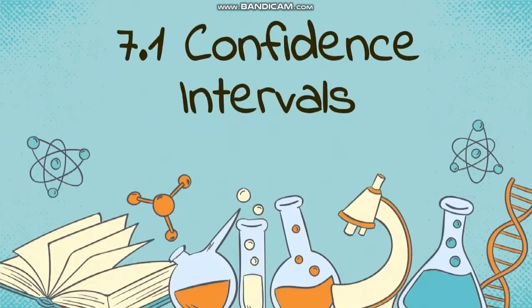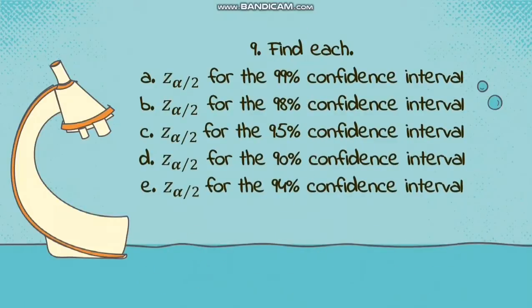Good day everyone, I'm Maureen Piedades from DSED Math 3D, and we are now in 7.1, which is confidence intervals, and I was assigned to answer one of the exercises in 7.1, that is number 9. Here is the problem.